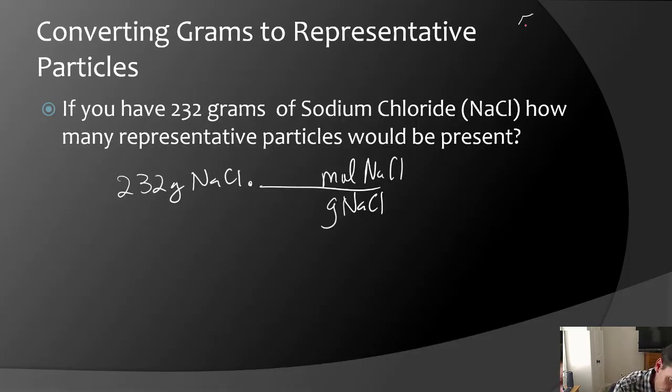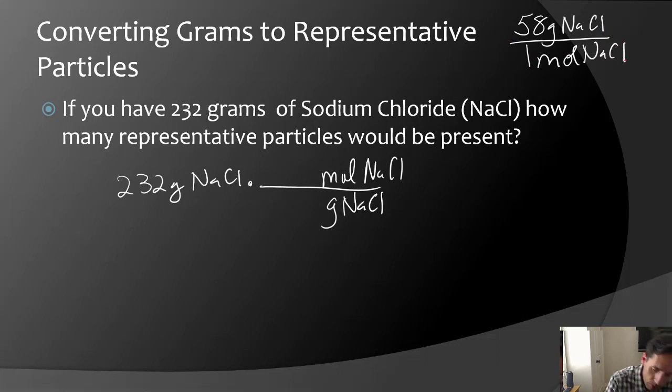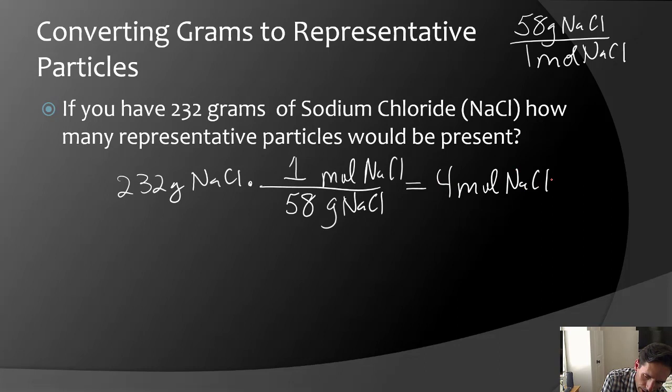The molar mass of sodium chloride was 58 grams of sodium chloride for every 1 mole of sodium chloride. I put the grams down here for sodium chloride because I want them to cancel out. So I'm going to put the 58 grams here and 1 mole here. If we do this correctly, this would come out to be 4 moles of NaCl. The grams of sodium chloride cancel out.